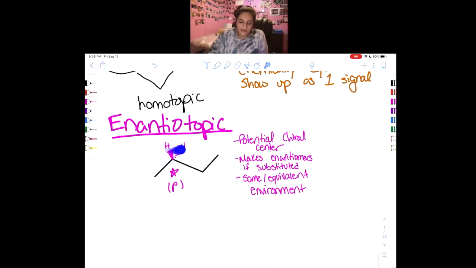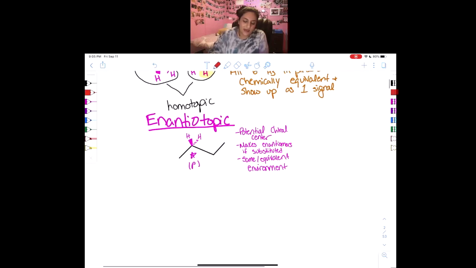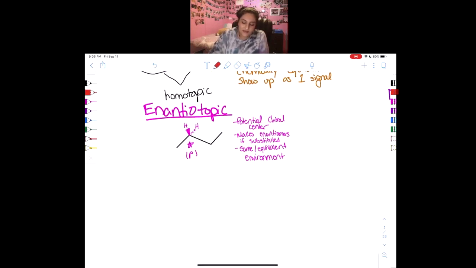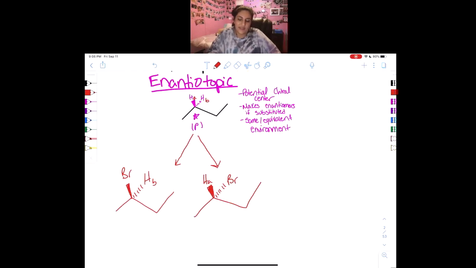and two hydrogens. The reason we call that a potential chiral center is because, let's say we were substituting HA and HB for a bromine, right? If we were to substitute HA versus HB, the molecules would be chiral now, and one would be the R and one would be the S configuration.